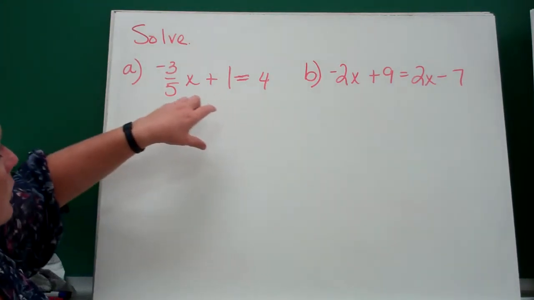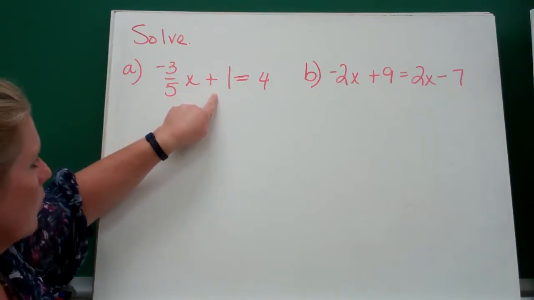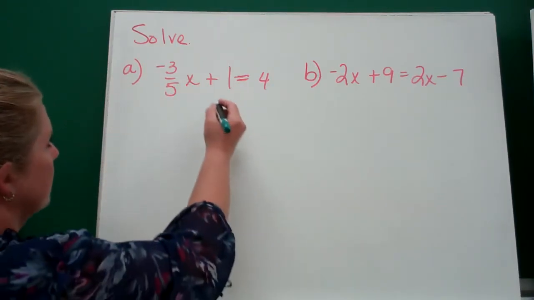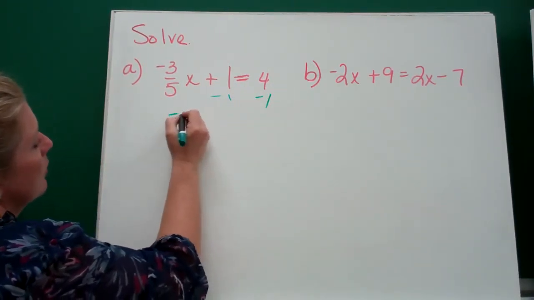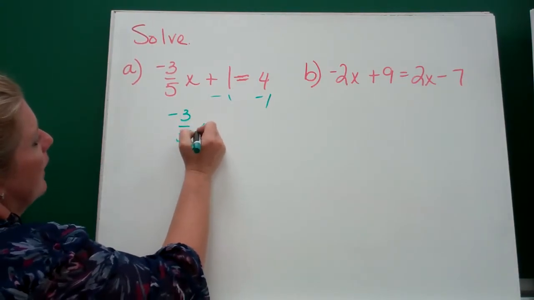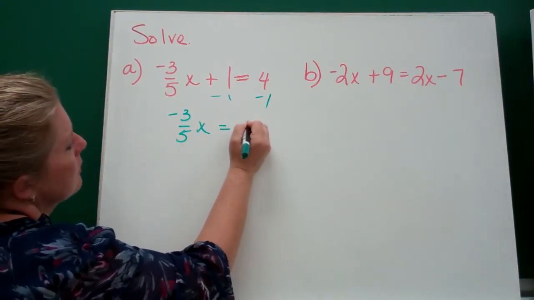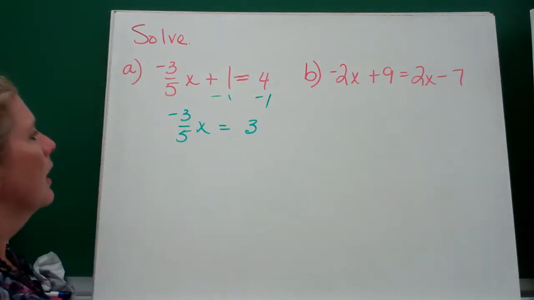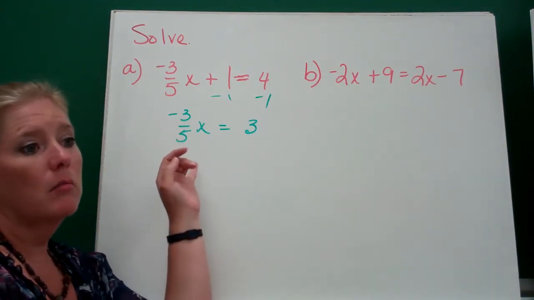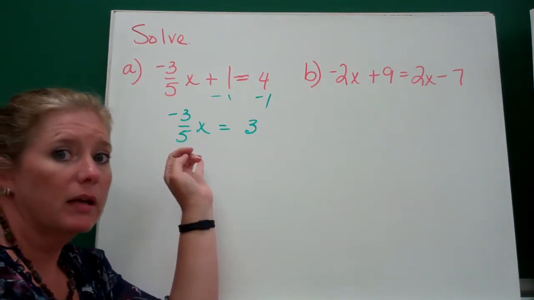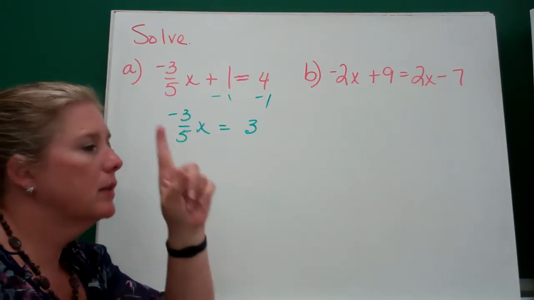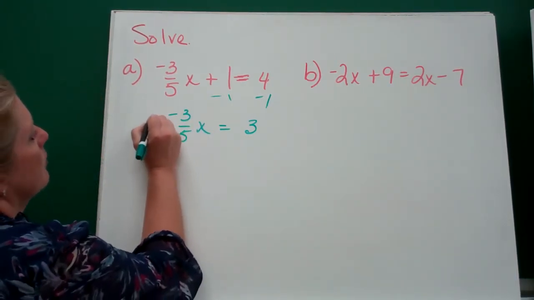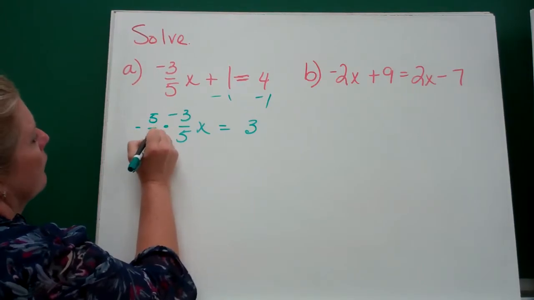Here we're adding a 1, so we need to subtract it. -3/5 x equals 3. And then we can either multiply by 5 and then divide by -3, or in one step, multiply by the reciprocal of -5/3.